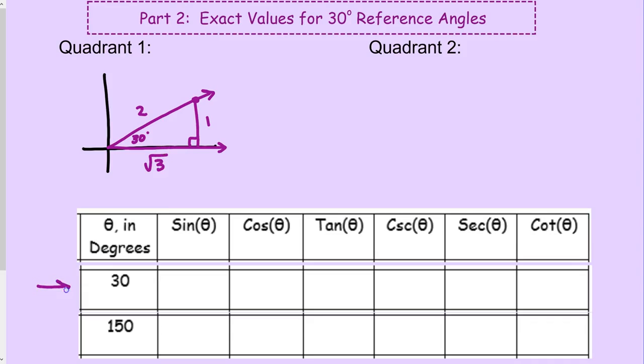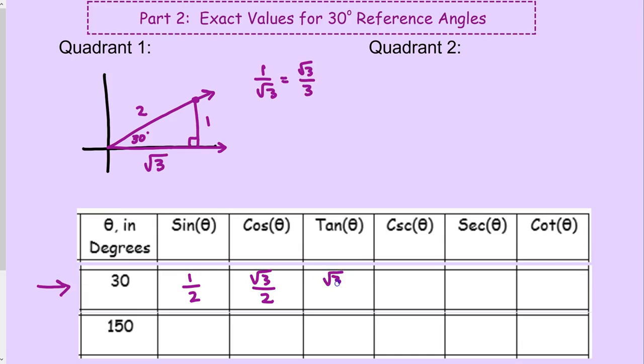So I'm going to fill in this row down here. The sine of 30 degrees, opposite over hypotenuse, 1/2. Look at the triangle and you see opposite 1, hypotenuse 2. The cosine of 30 degrees, adjacent over hypotenuse, square root 3 over 2. The tangent of 30 degrees, opposite over adjacent, 1 over square root 3, but 1 over square root 3 can be rationalized and it's square root 3 over 3.